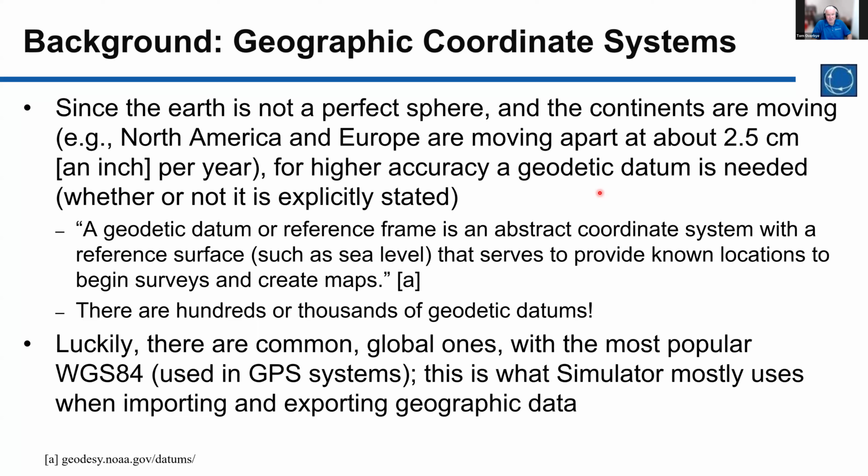And you might say, an inch per year, who cares about an inch per year? From a power system point of view, we really don't. But if you're doing something with geographic data, say parcel boundaries, your lot and your neighbor's lot, if that boundary point were moving an inch per year, pretty soon your fence is going to be on the other person's property or vice versa. So that can be an issue.